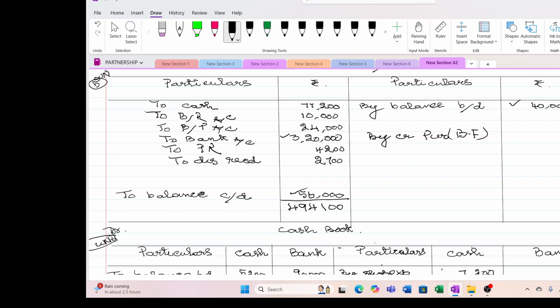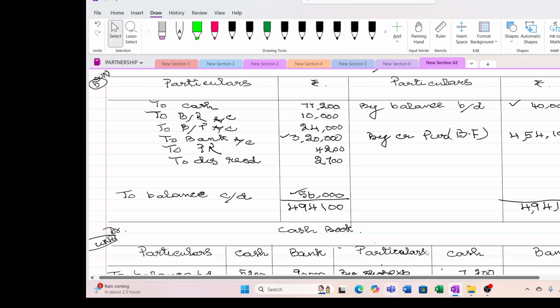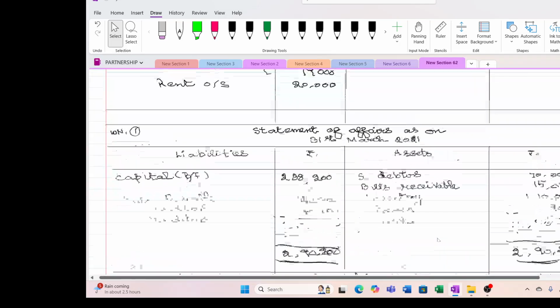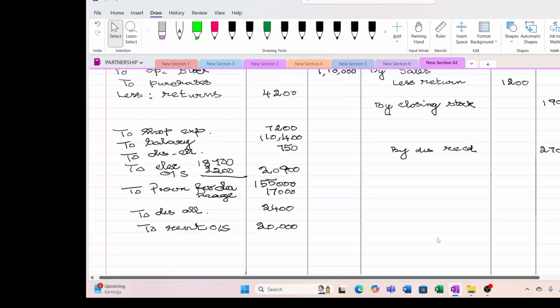So the balancing figure, your credit purchases, is 494,100. So 40,000 if it goes, this will be 454,100. So we can now fill it in the trading account. This credit purchases we can write in the trading account.